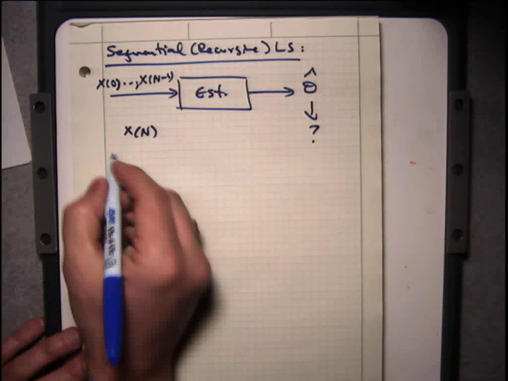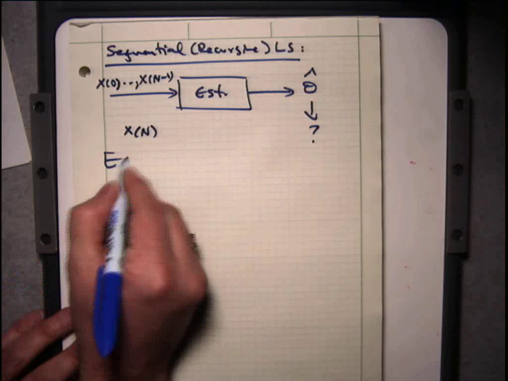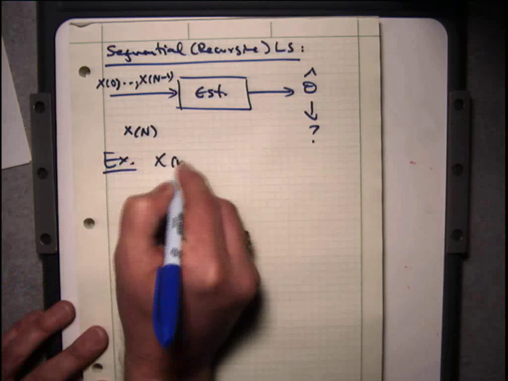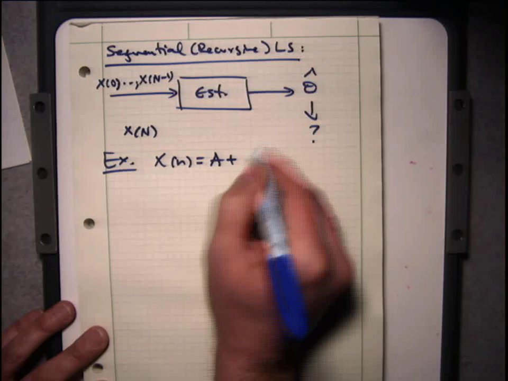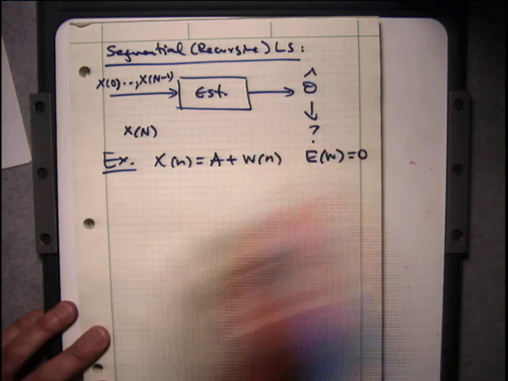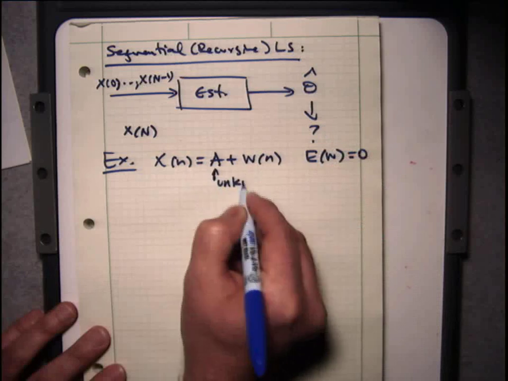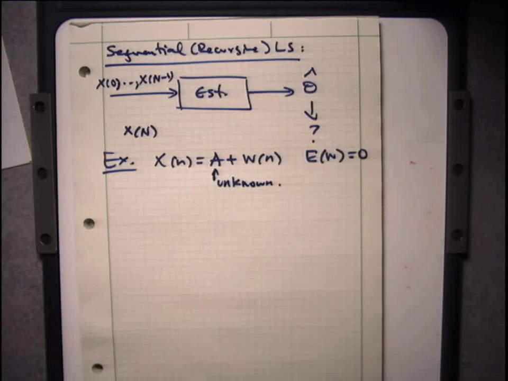Okay, so let's take a very, very simple example as our building block and see where we can take it. So suppose we have this problem where A is the unknown, and this is the only assumption I'm going to make.